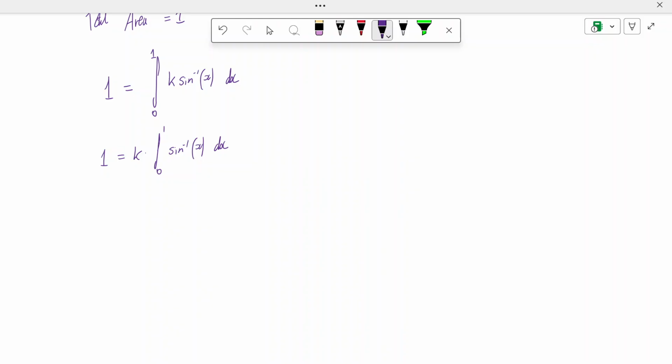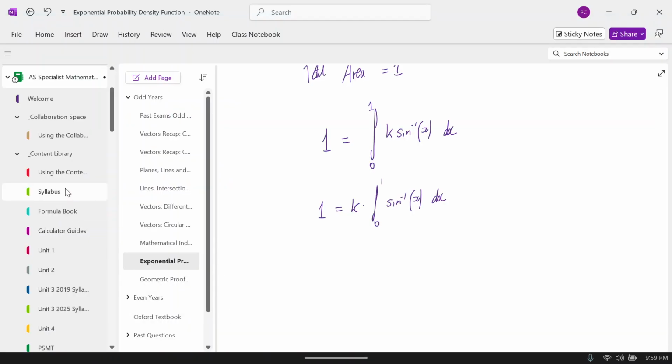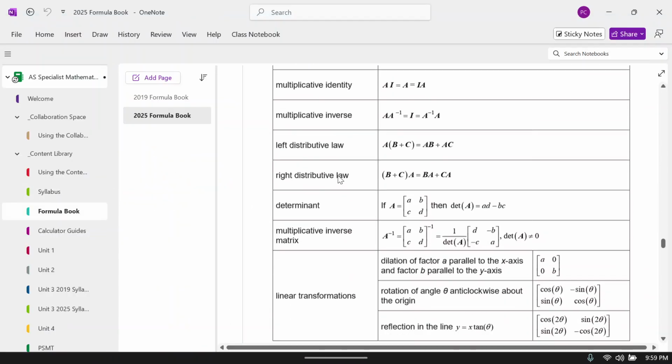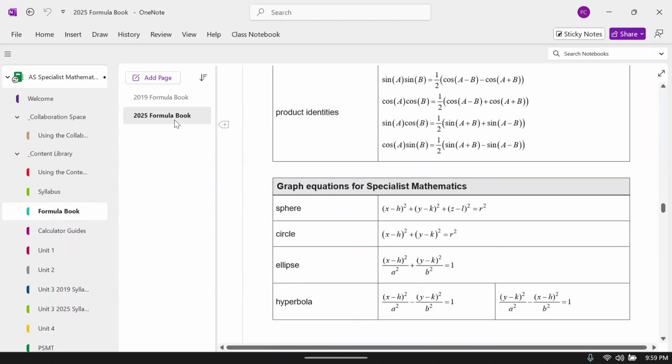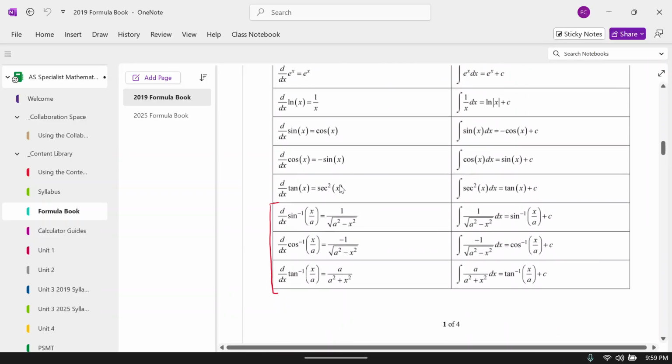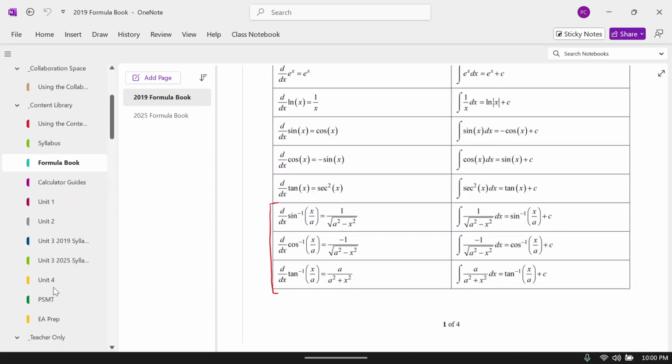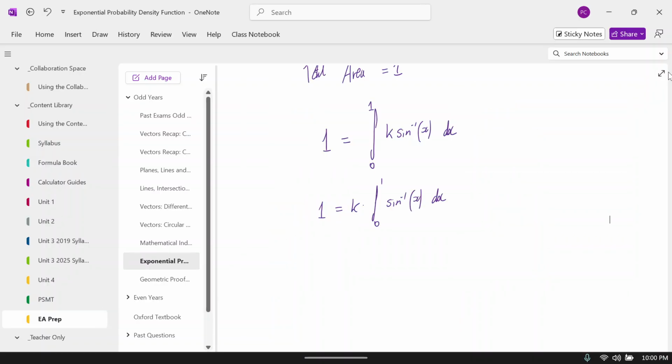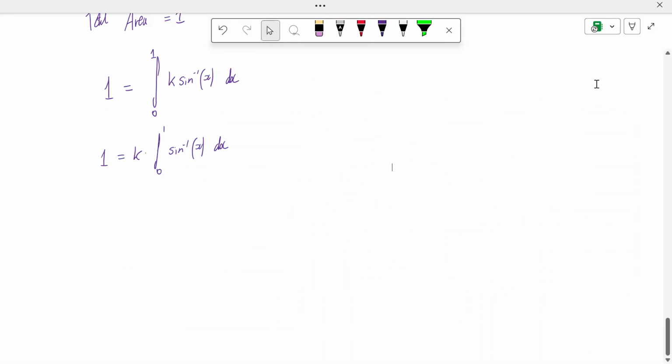Now if I check my formula book, I would see really quickly that I don't have any kind of integral that deals with arcsine. I've got derivatives of arcsine, but I don't have integrals of arcsine. This is your big hint that, okay, we don't know how to integrate this, but I do know how to derive it, so that big hint is telling me I'm going to use integration by parts.